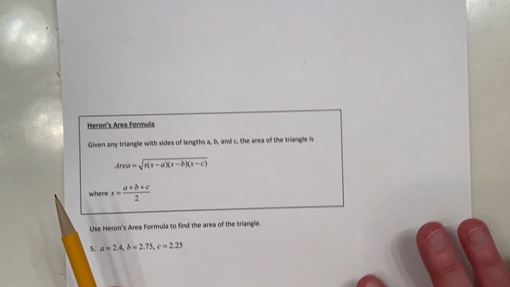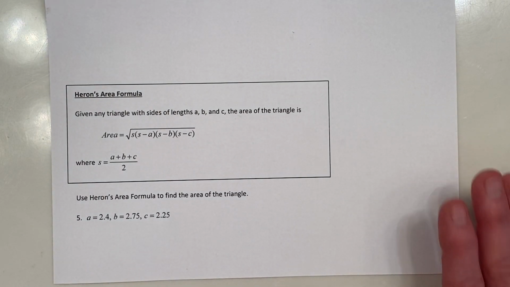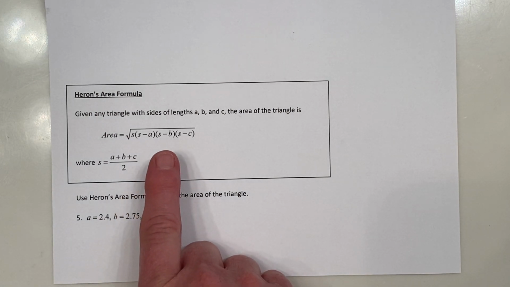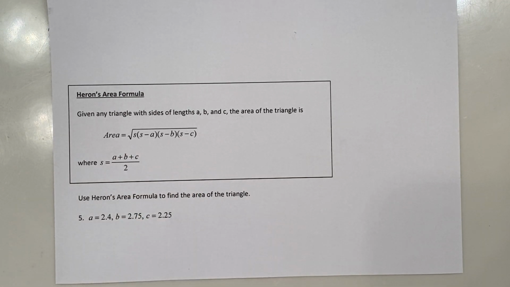We're going to finish by looking at what's at the bottom here, Heron's area formula. In the last lesson, we saw that we could find the area of a non-right triangle, but what happens when we don't have two sides and an included angle? What happens if we just have the 3 side lengths of our triangle and we still want to find the area?